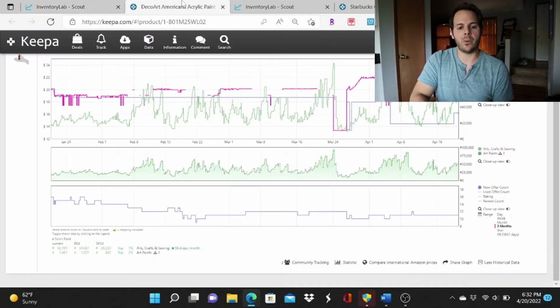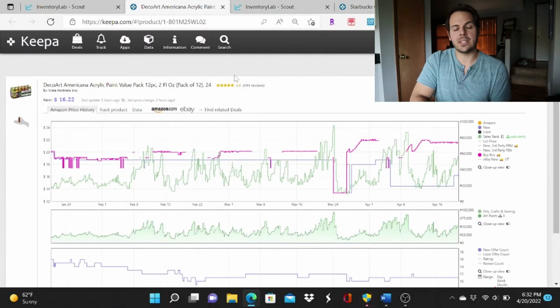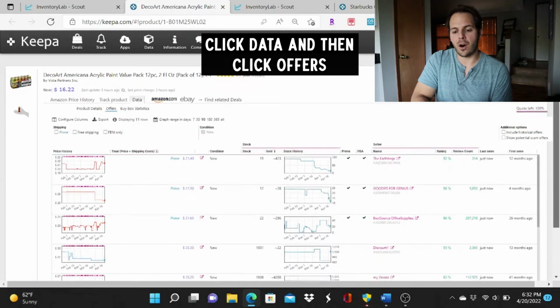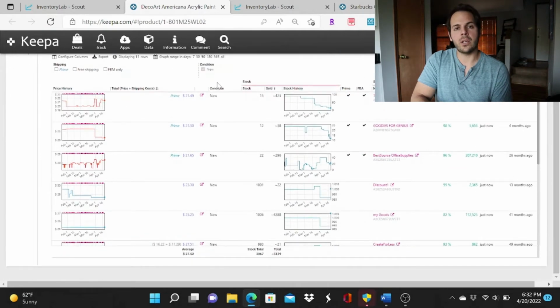Now I want to show you something in Keepa to take it a little bit more advanced, okay? Because at this point, we don't know if those competitive sellers have a ton of stock, or maybe they each only have 1 item. And if they only have 1 piece of stock, well then I might buy more than the 14, or more than what I normally would, because I know they're about to run out. So you can go into Keepa, and up here there's a tab that says Data. Click on that. And now here's a list of all of the sellers. And again, we're only looking at FBA sellers, which will have the prime wording right next to them that I'm showing you.